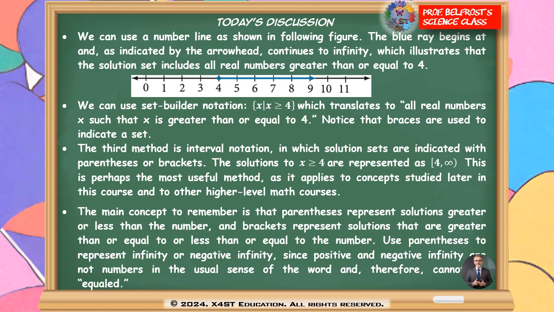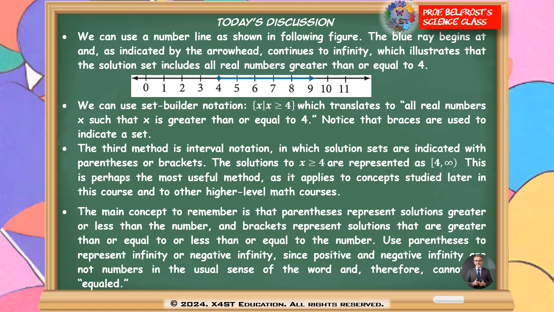Now the third method is interval notation, where the solution set is indicated with parentheses or brackets. So for x greater than or equal to 4, this can be represented as left bracket 4, comma, infinity, closing parenthesis. This is very easy, right?